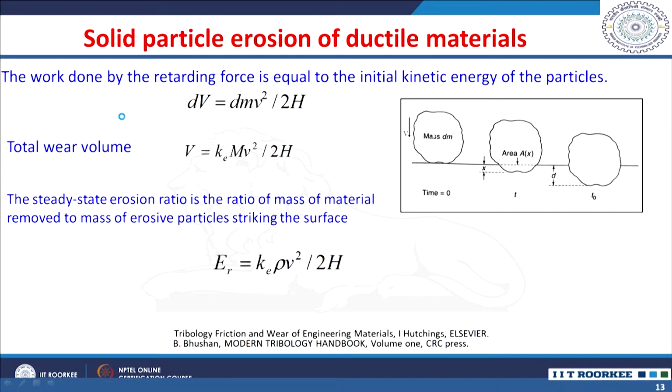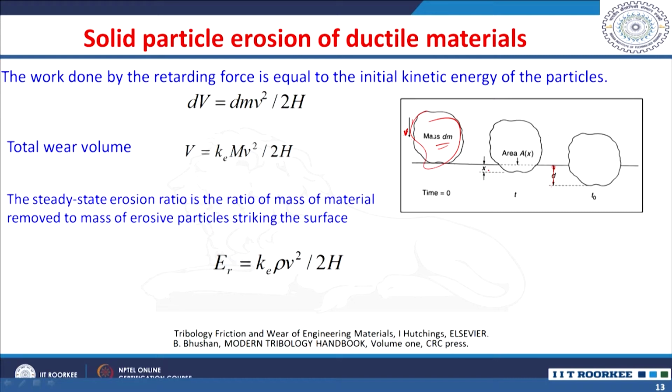Let us understand solid particle erosion of a ductile material, right. You can consider a particle of mass dm impinging at a velocity v, which traverses a certain distance, and by traveling it erodes the material to a depth d, right.